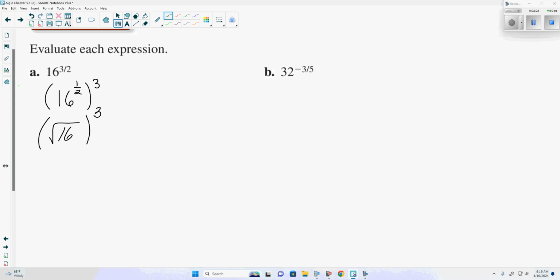Well, the square root of 16 is 4. And now we're taking 4 to the 3rd power. 4 times itself 3 times is 64. Or we could have typed 16 to the 3/2 in the calculator and it would tell us it's 64 too.